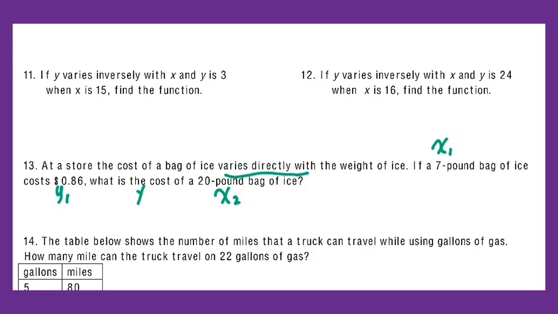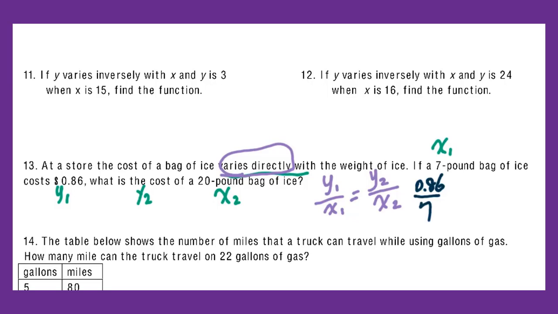Then the cost is y2. Since this varies directly, y1 over x1, the slope, is equal to y2 over x2. Plug in: y1 is 0.86 and x1 is 7, equals y2 that we're looking for over 20 pounds.